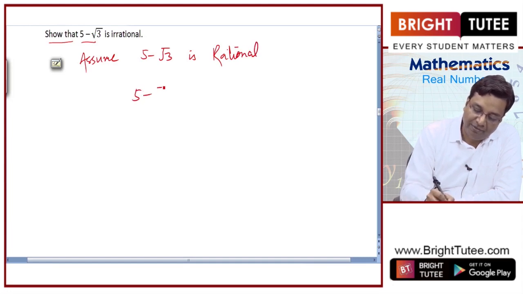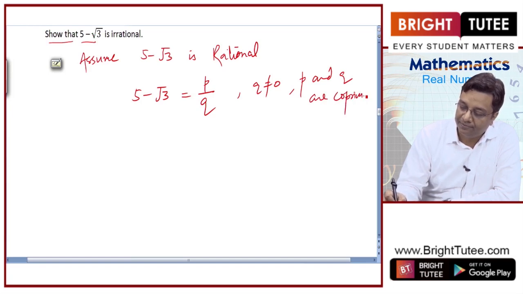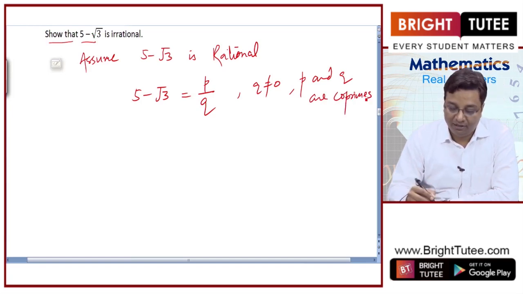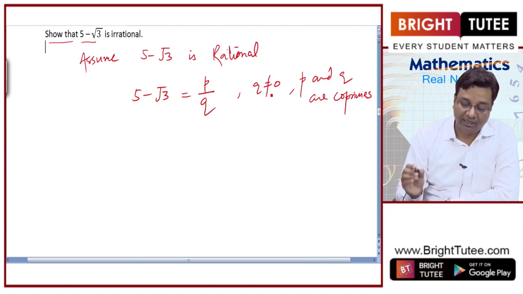So I can write 5 minus root 3 in P by Q form, where Q is not equal to 0, P and Q are co-primes, right? So P and Q are such integers that they are co-prime to each other, and Q cannot be equal to 0. So this is our assumption.